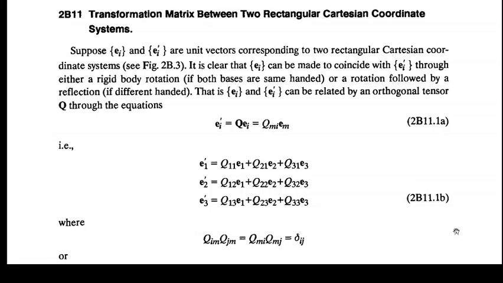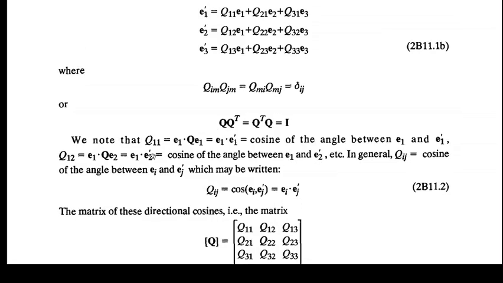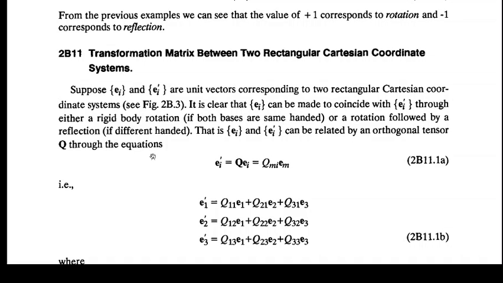Suppose we have two sets of unit vectors e_i and e_i dash corresponding to two Cartesian coordinate systems, one the primed and the other the unprimed. This is seen in this figure: e1, e2, e3 and e1 dash, e2 dash, e3 dash are the unit vectors for the unprimed and primed coordinate systems. Now we have to go from one system to another, so we need a relation between the base vectors of the two systems.